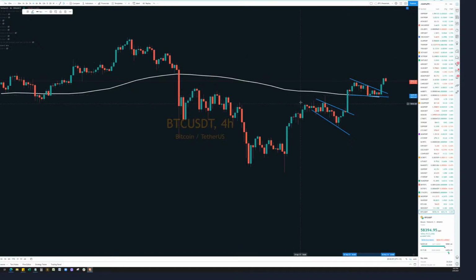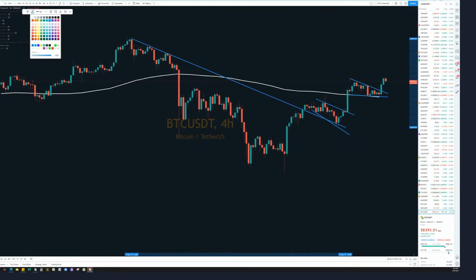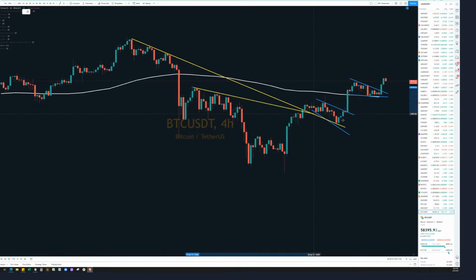Now, I did say that we can argue that this line also played a role. I said it played a role to that point there, and then it failed, and this other line picked it up and pushed it up.